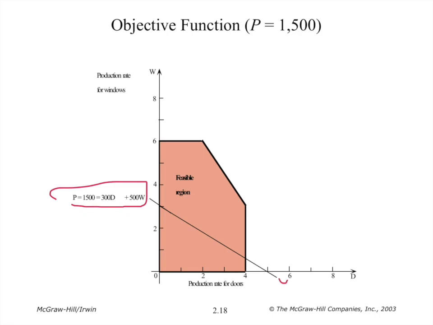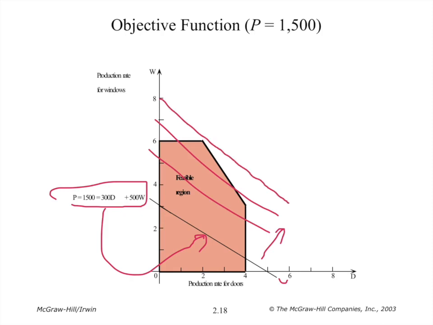This is the line of the profit, and you can move the line in parallel lines, and you will find the maximum where the area is lower than this point from the parallel line of the profit model.